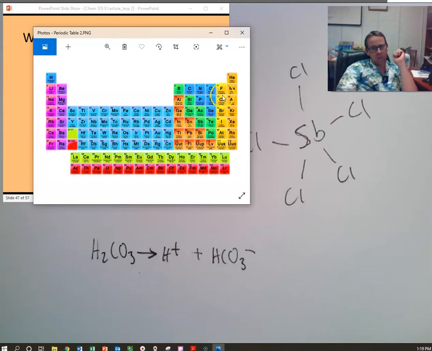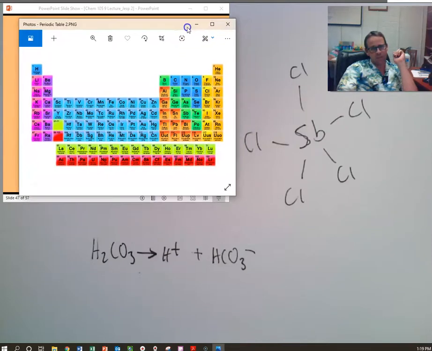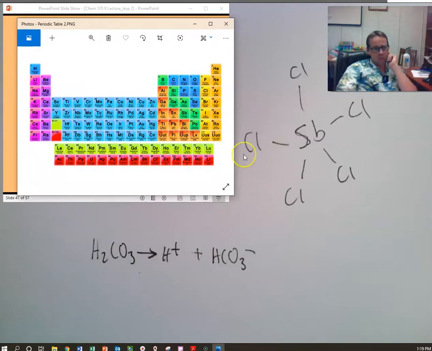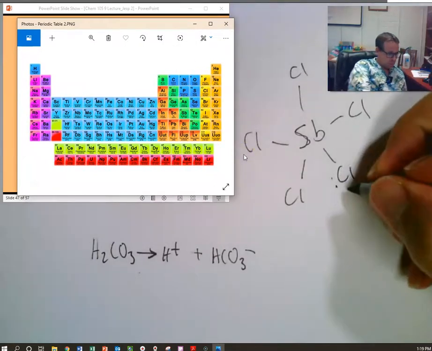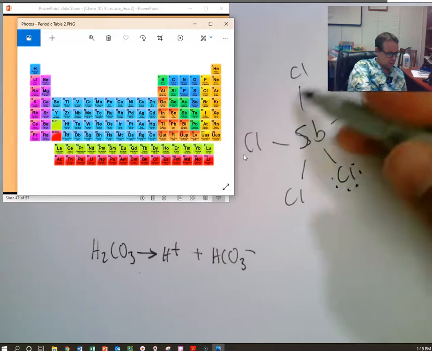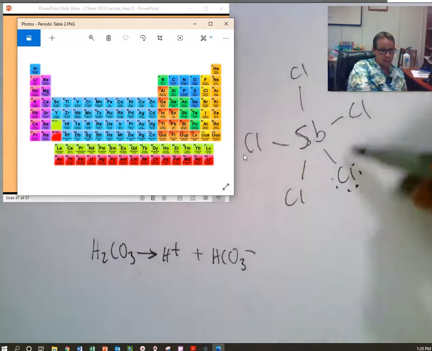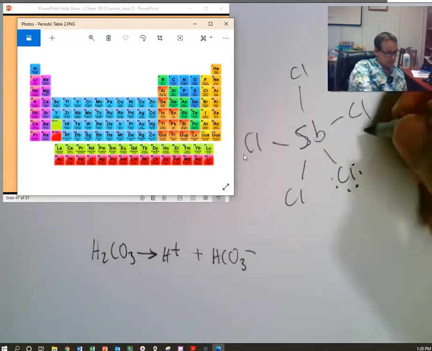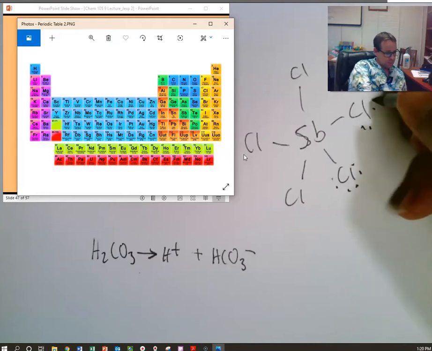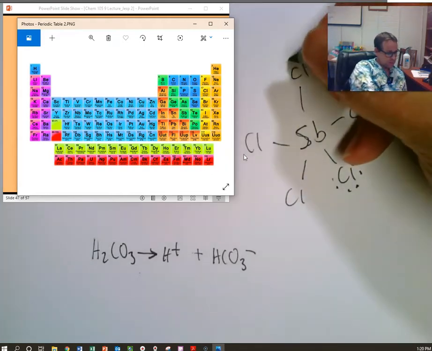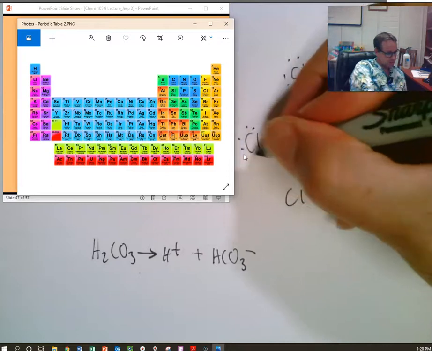So 5 electrons, chlorine brought in 7 each. So that's 35 electrons, and when we put 1, 2, 3, 4, 5, 6, we didn't need to put more electron density here because it already has access to 8.